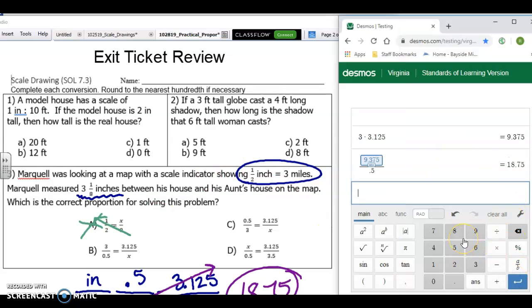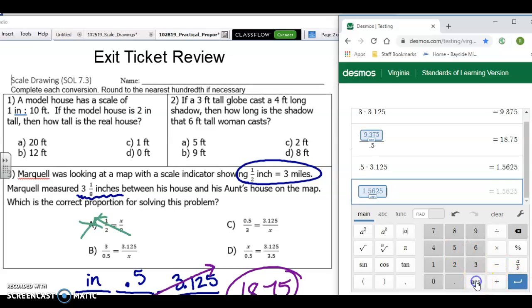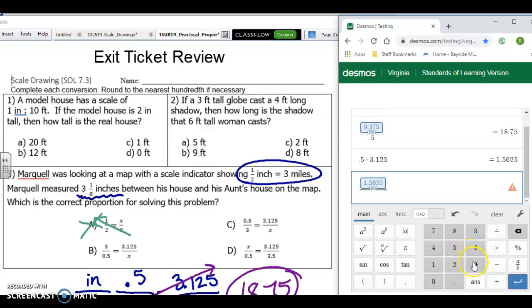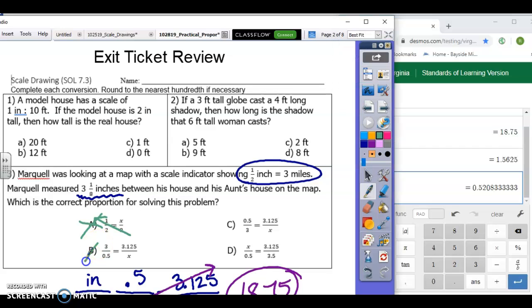So I have 0.5 times 3.125. And then I'm going to take that and divide by what's left, which is 3. So answer divided by 3 does not give me 18.75. So I know the answer is not B.